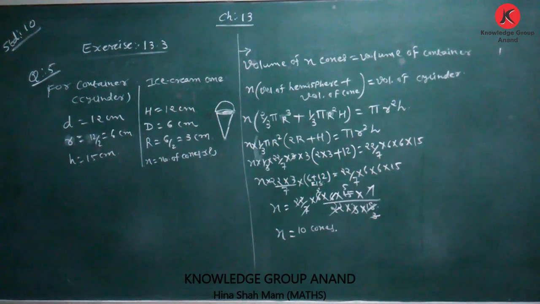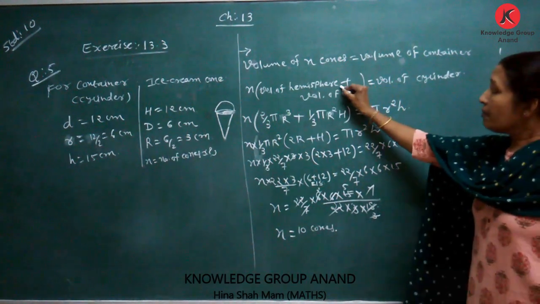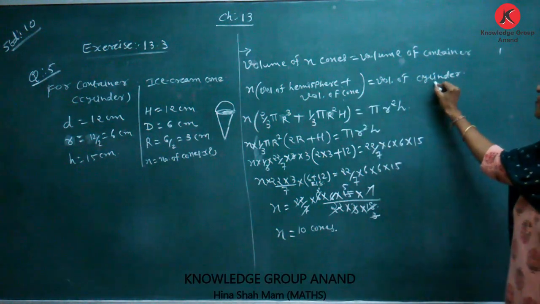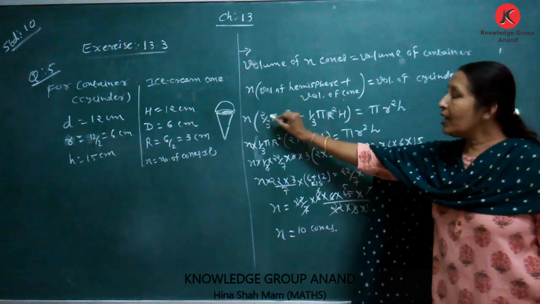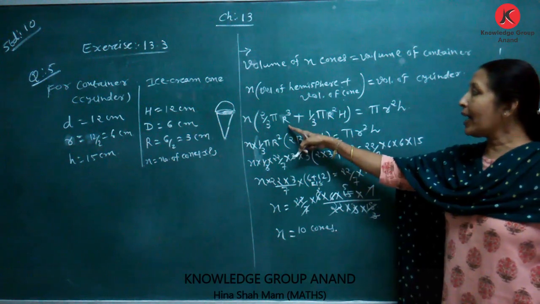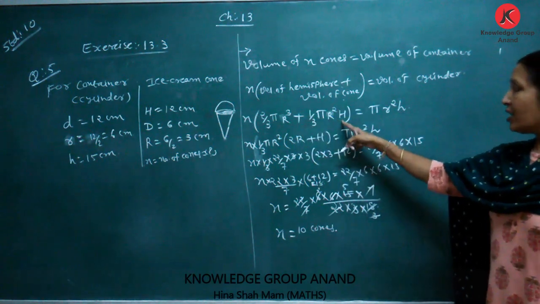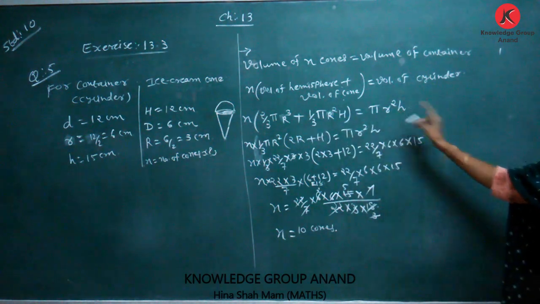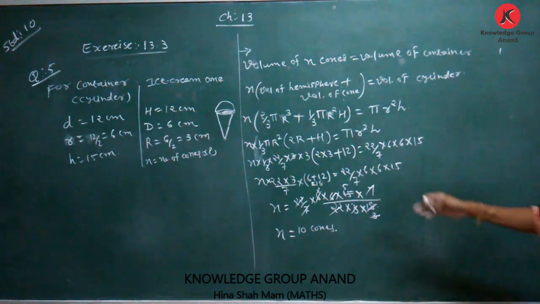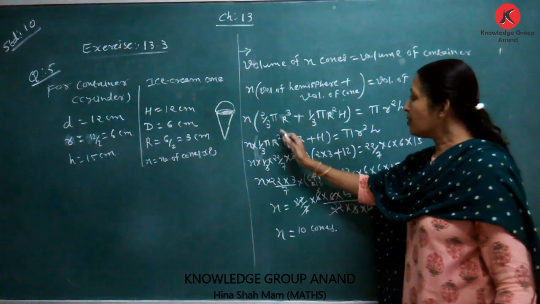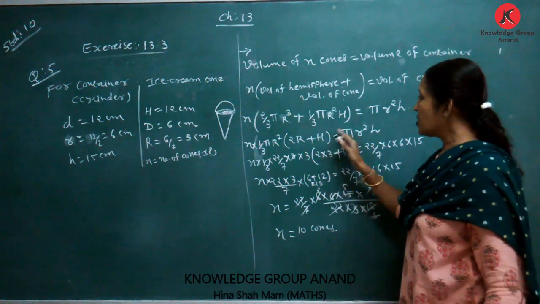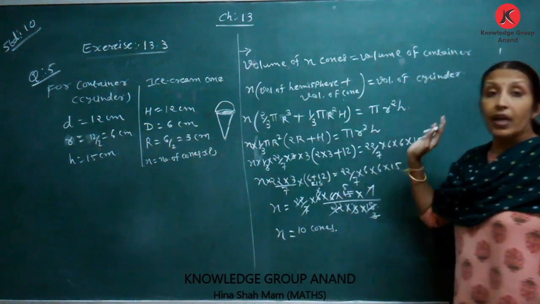Volume of hemisphere plus volume of cone is equal to the volume of the cylinder. Putting the formula, the volume of hemisphere is 2 by 3 pi r cube plus 1 by 3 pi r square h equals pi r square h. And into the common part 1 upon 3 pi r square, then the remaining part 2r plus h is equal to pi r square.